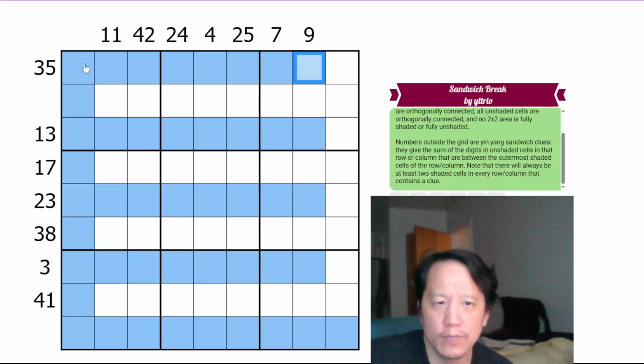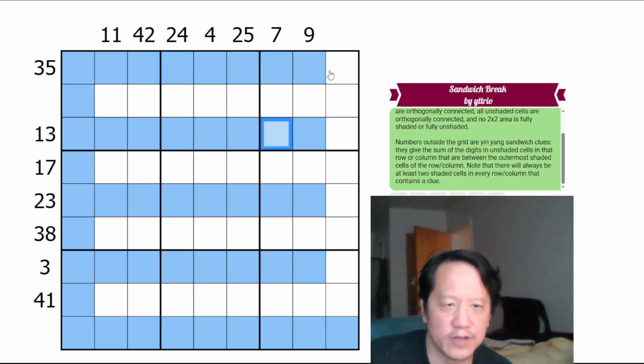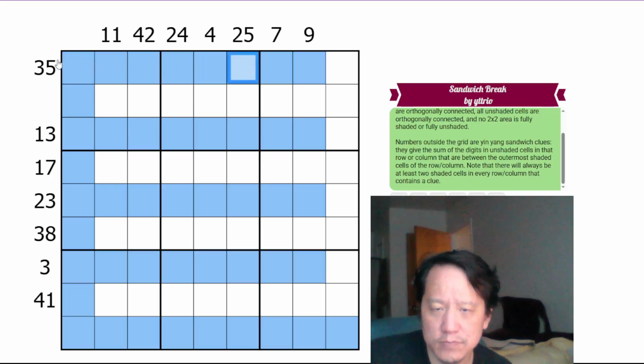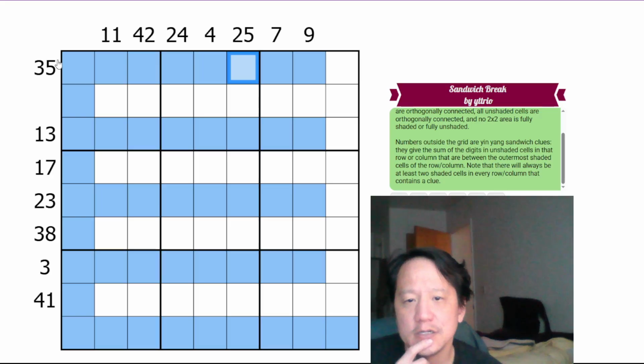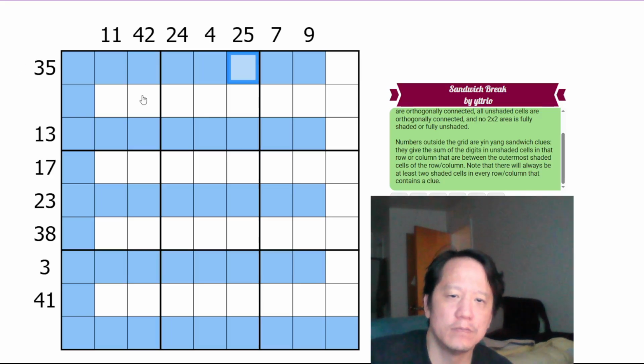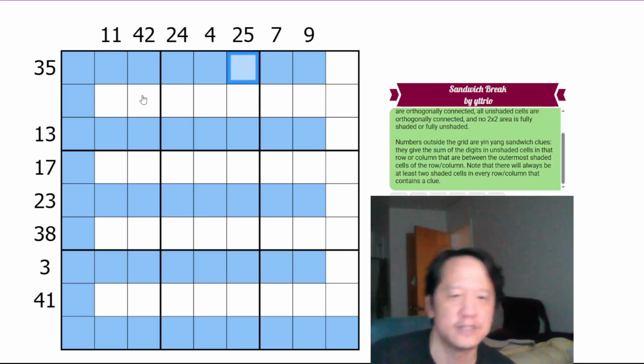So, if we were to use this shading as an example, it's probably not going to be valid. The clue gives the sum of the digits in unshaded cells in the row or column between the outermost shaded cells, and there always has to be at least 2 shaded cells in every row and column that contains a clue.